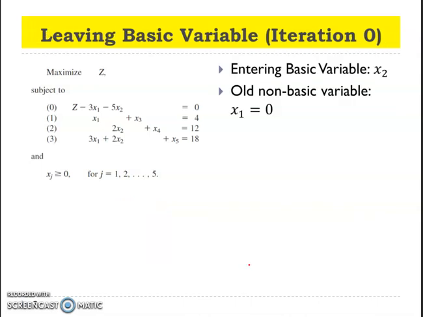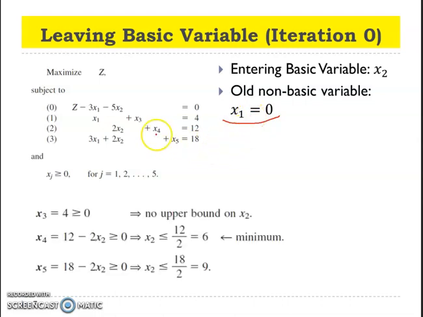Now once we have this entering basic variable x2, we can find out the leaving basic variable as well, because x2 will enter the basis with respect to some variable which will be the leaving basic variable. The other non-basic variable is x1, which will remain a non-basic variable. So we just substitute the value of x1 equal to 0, and it will give you x3 equal to 4.